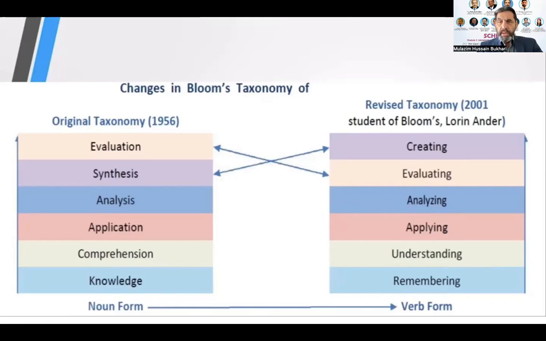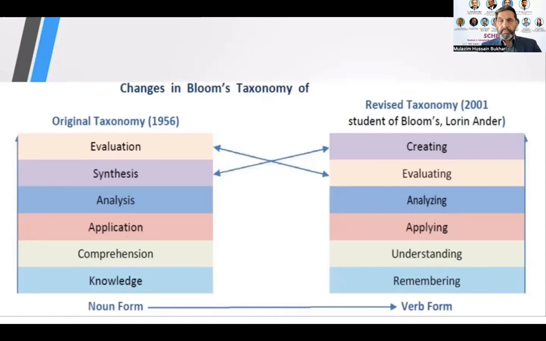In the revised taxonomy, evaluation was downgraded while creation was upgraded. Knowledge, comprehension, application, that is remembering, understanding, and applying, are the low level of cognition, while analyzing, evaluating, and creating are the high level.